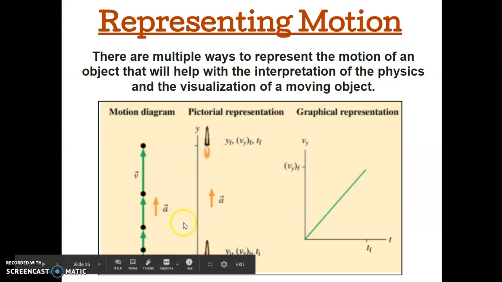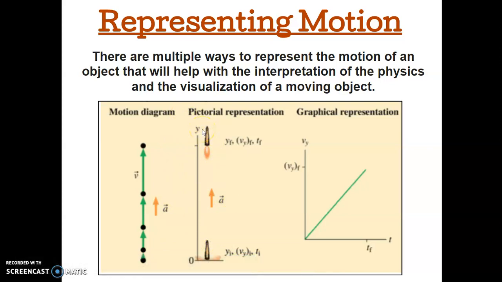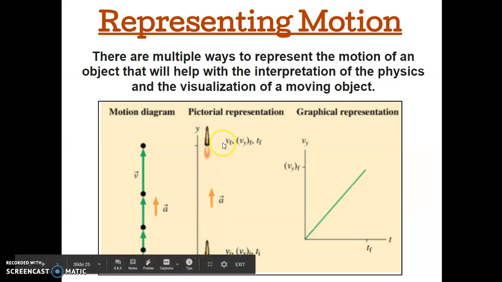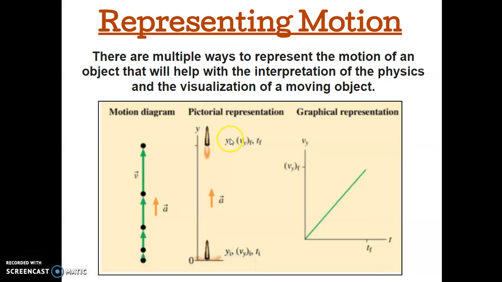All right, another way to represent motion that we'll see is with a set of axes like this. We have a y-axis over here, and there would be an x-axis down here, and it's showing this rocket moving in the y direction. And we see a vector showing acceleration in the positive y direction. And we see here coordinates showing y, f.